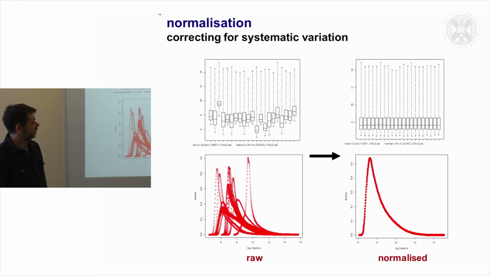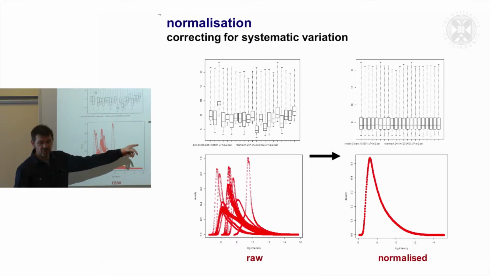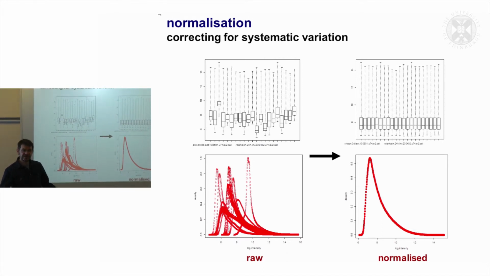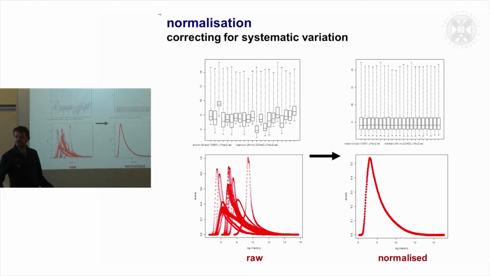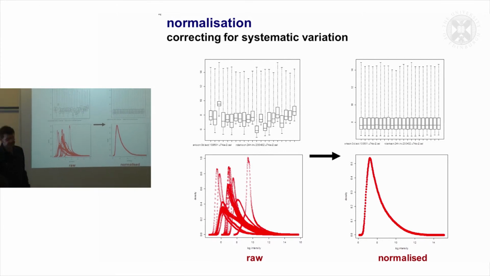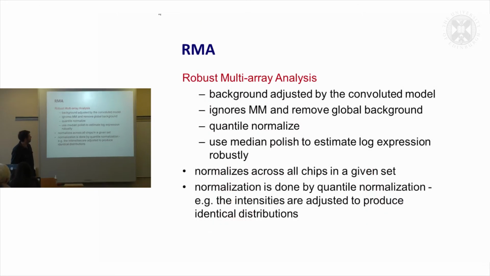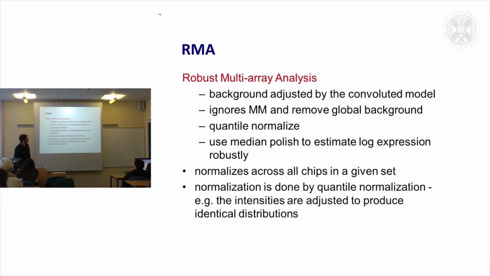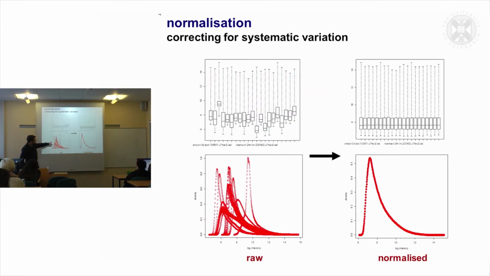You'll see that difference. So of course, what we all do is normalize it. Are we all familiar with normalization, what we're doing with normalization? Is anyone saying no? Okay. I'll skip past the next two slides, which show how we normalize data. But basically what we're trying to do is get rid of this technical variation by assuming that the overall distribution for the different samples should be the same.